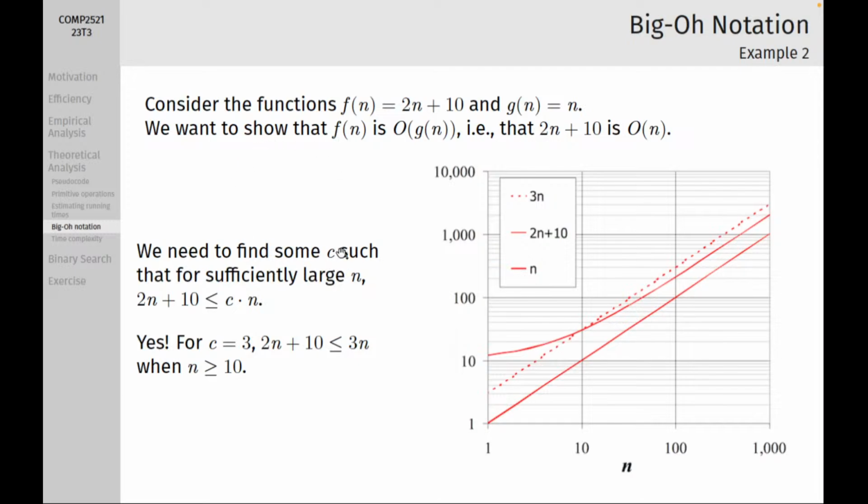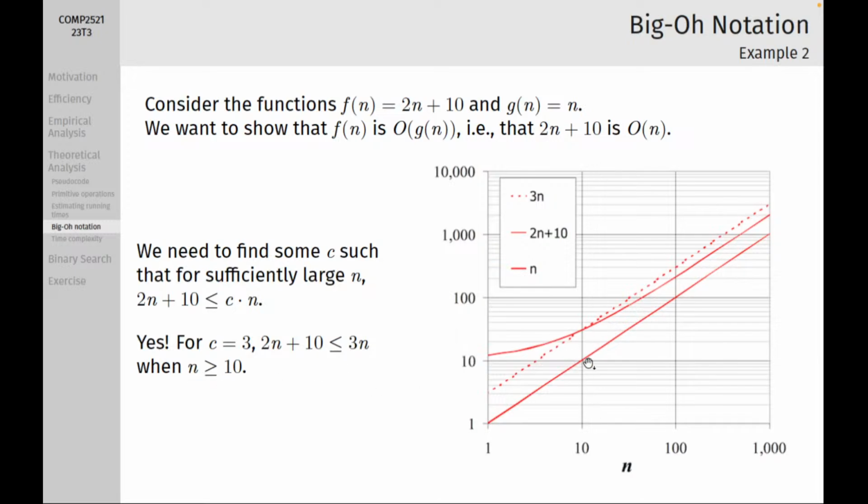So we need to find some c such that for sufficiently large n, 2n plus 10, which is our f of n, is less than or equal to c times n. So c is our constant. I'm not going to do all the working out, but it turns out that there is a constant. For c equals 3, f of n is less than or equal to 3 times g of n, and that occurs when n is greater than or equal to 10.